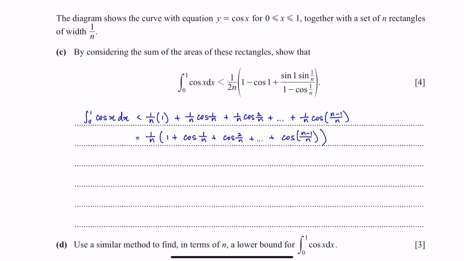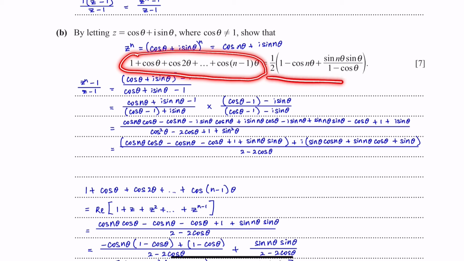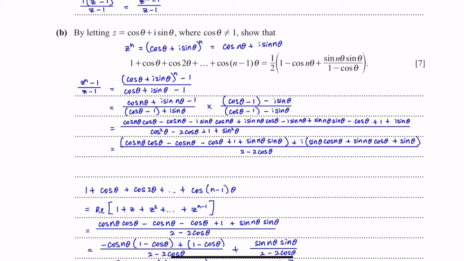And from the previous part, we know that the sum of this is this one. And we can just write theta equals to 1 over n, right? Because it's 1 plus cos 1 over n plus cos 2 over n, so on and so forth. So we can just change this theta to 1 over n.